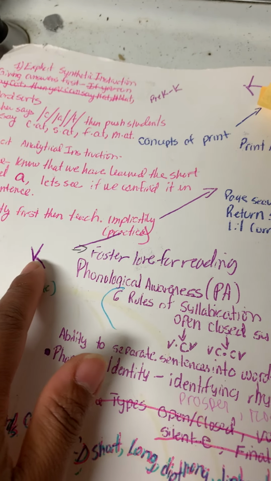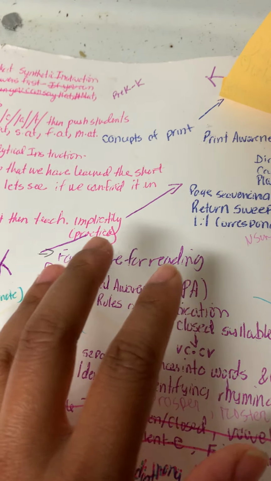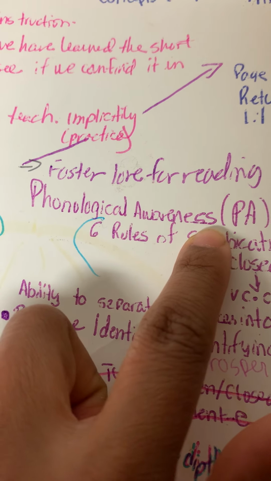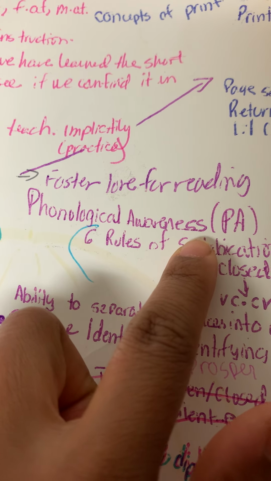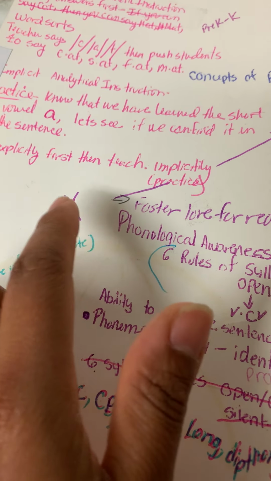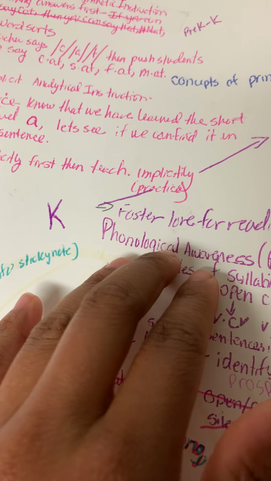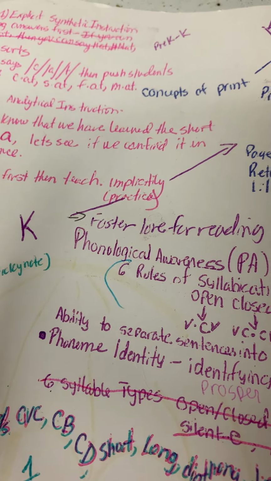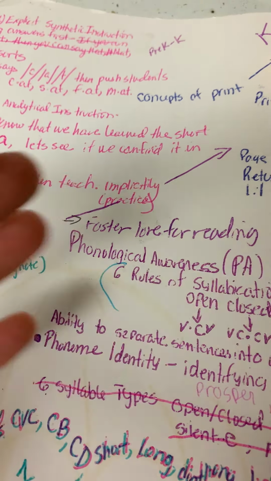Another thing in kindergarten, because I have a K here, is phonological awareness. Like I said, not all kids learn phonological awareness in kindergarten, but just so that you have a clue, they should. But if they don't, that's fine.